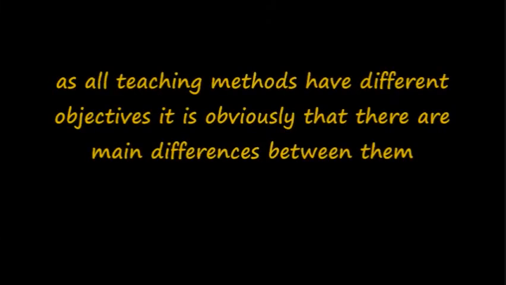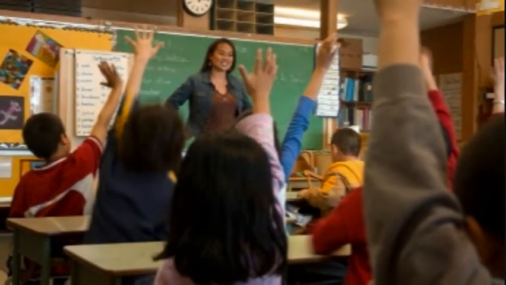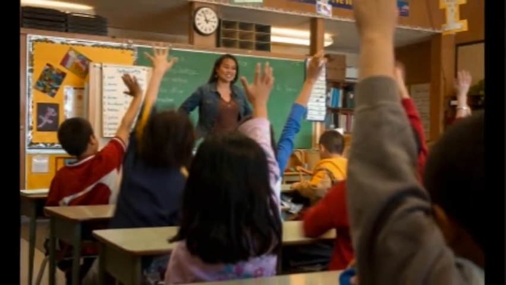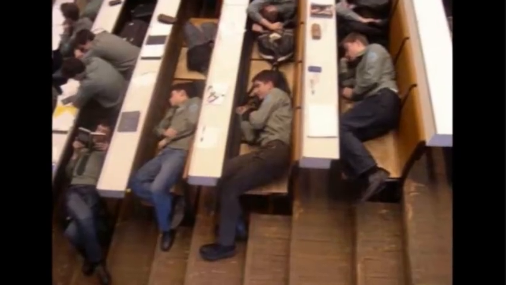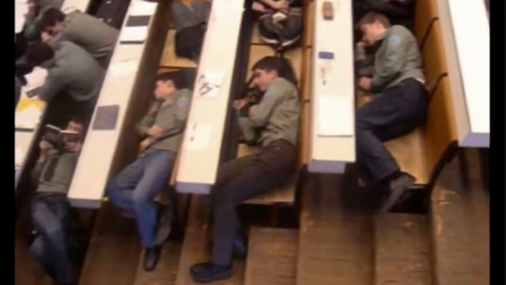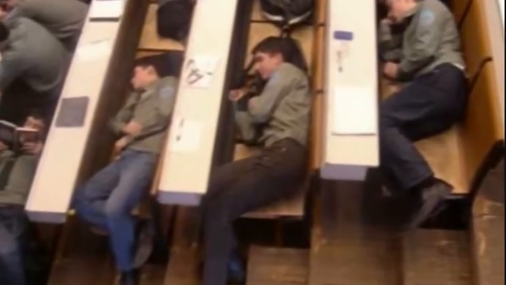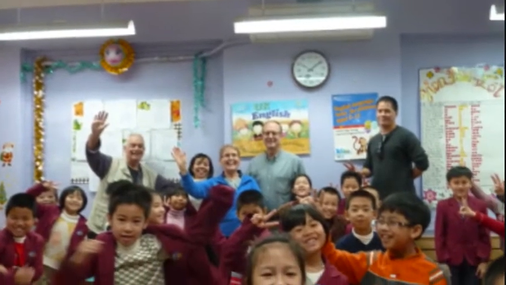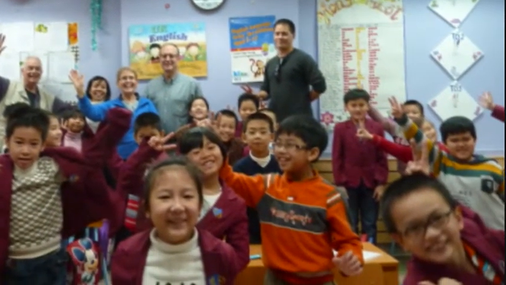To begin with, although teaching methods have different objectives, it is obvious that there are many differences between them, since the participation of teachers and students in their application processes. Also, there are some features that make a method tedious and uninteresting, but there are also those which make learning fun and more effective.